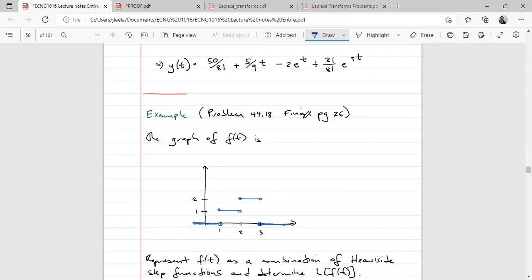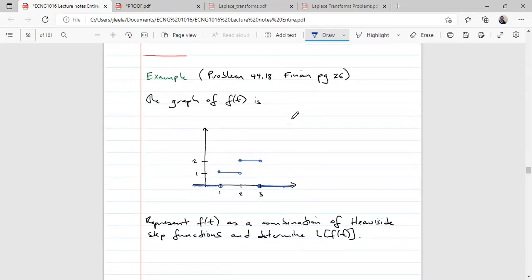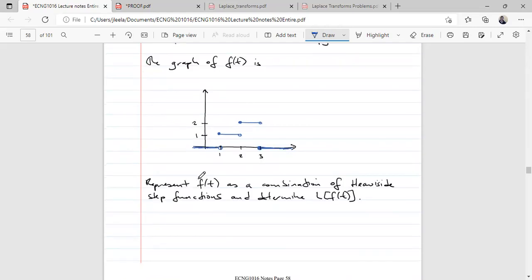Problem 44.18, page 26. The graph of f of t is, you notice this graph here is like a step, right? So between negative infinity and 1, it's defined to be 0, right? So I could probably write the definition for these values here.